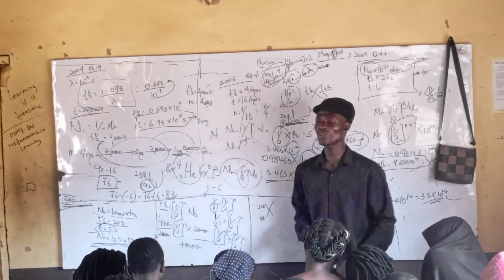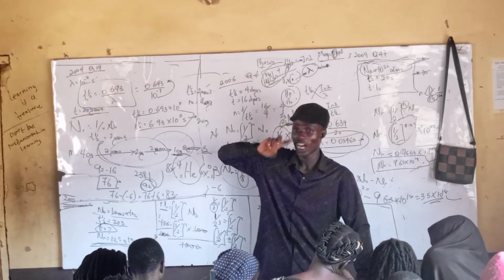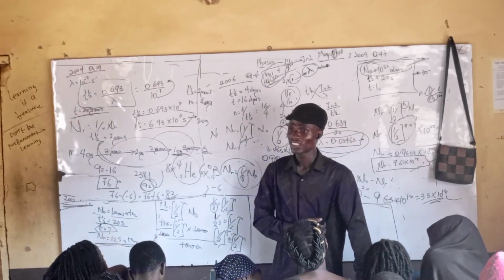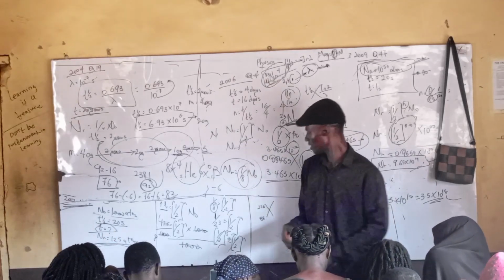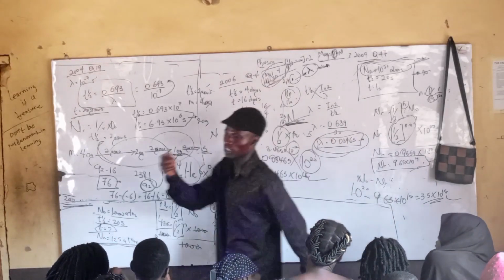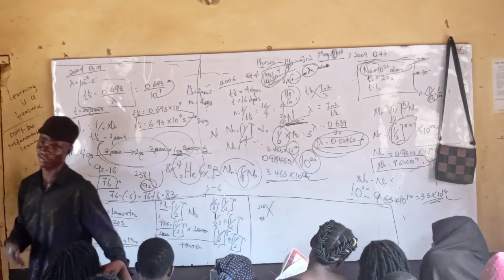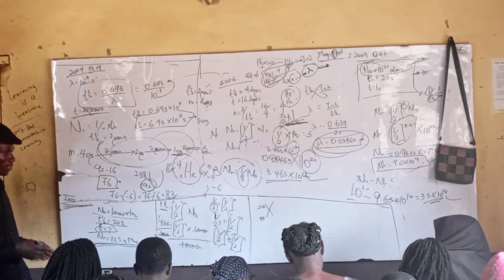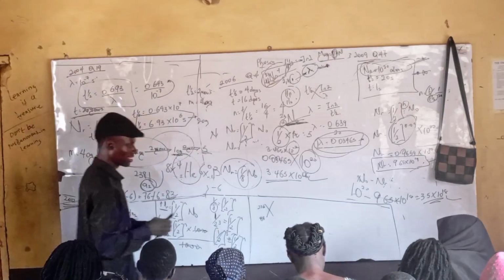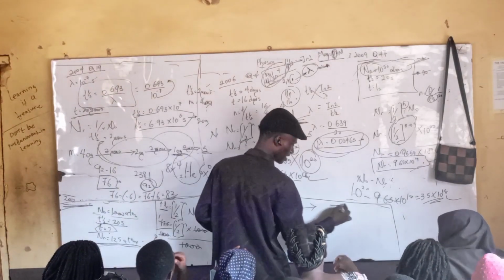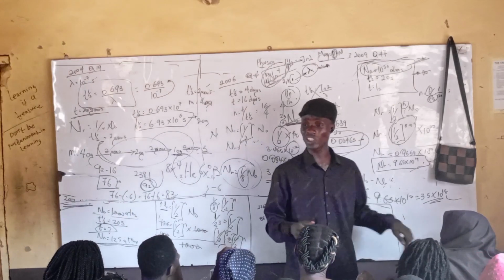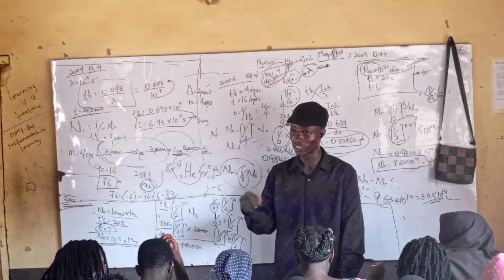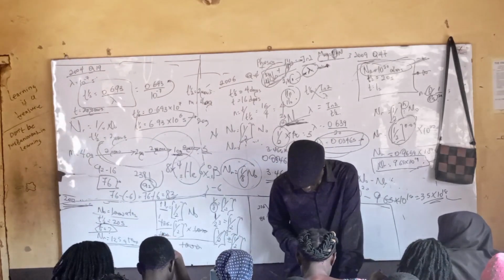Now look at it, they say it emits two beta particles and an alpha particle, and Z. If you look at this very well, we don't know Z. What they want to ask us is: what is the atomic number and mass number of Z?